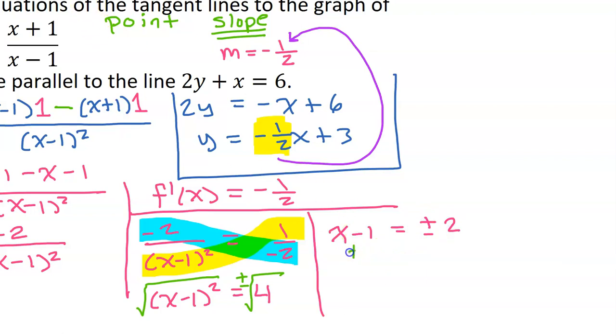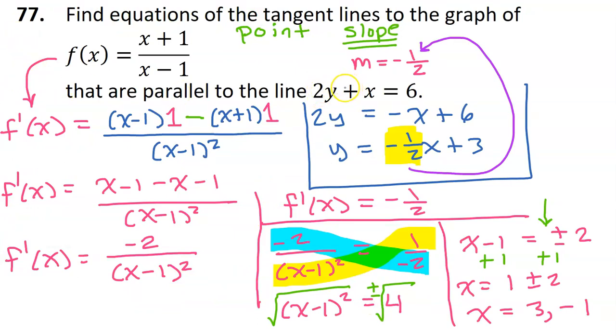Adding 1 to both sides, and I'm going to put this in the front, I get x equals 1 plus or minus 2. Okay, so 1 plus 2 is 3. 1 minus 2 is -1. So these are the two x values where we will have a slope of -1/2.